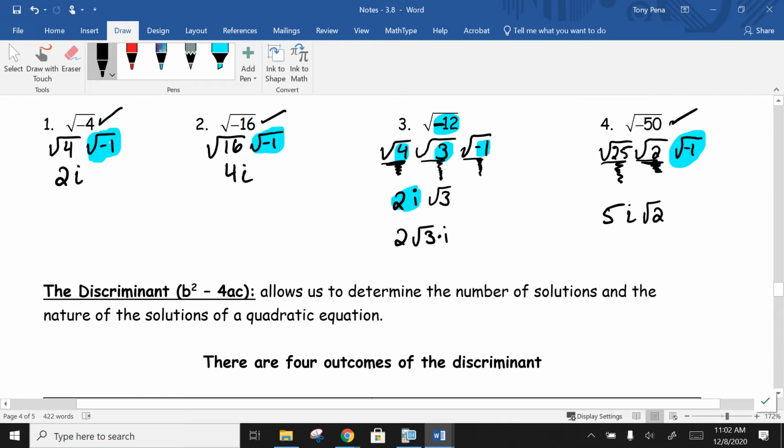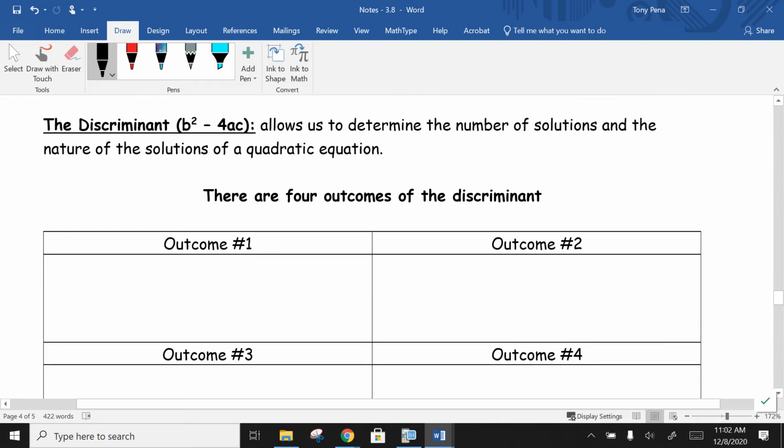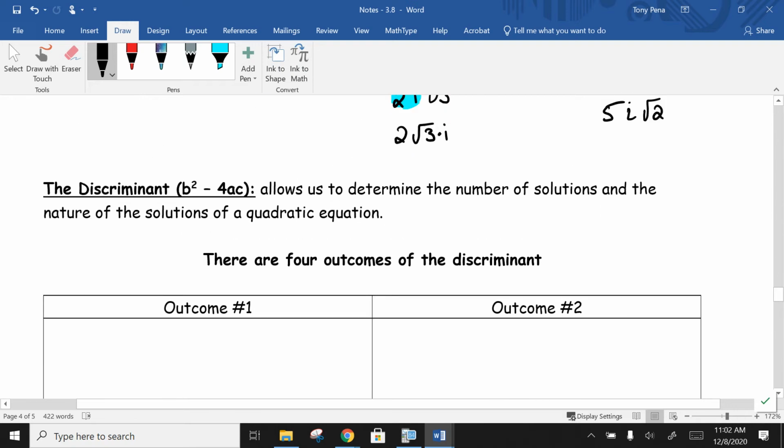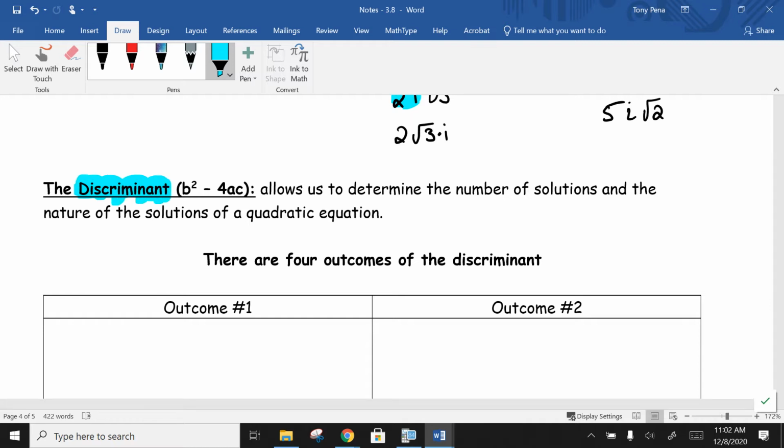Okay, so now, next thing, filling in this table here. If you ever hear the expression, the discriminant, what the discriminant refers to is this expression right here, which should look familiar to us. When we've done the quadratic formula for the last couple of weeks, we use that to solve our equation. So here's the quadratic formula.